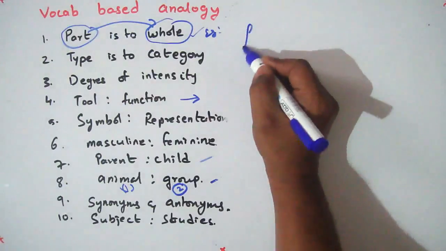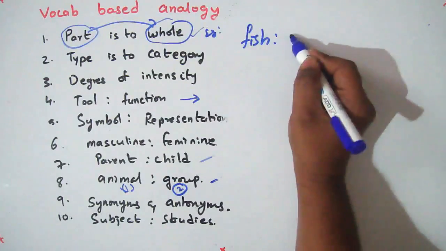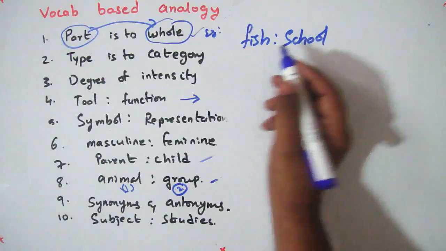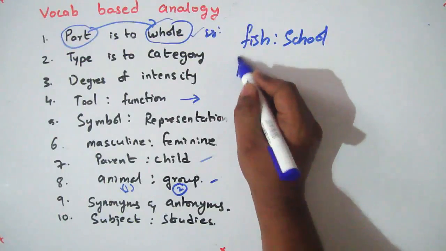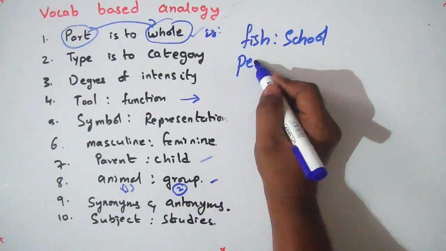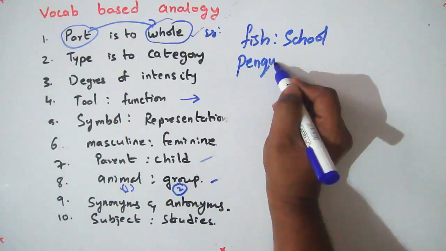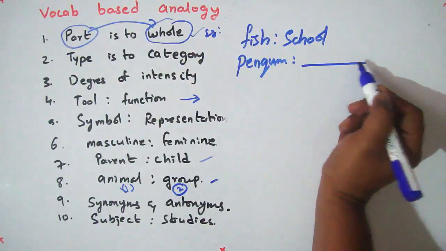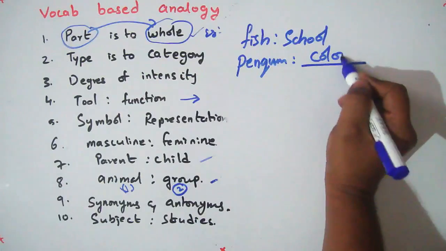See, if you have fish, the group of fishes is called a school. How unique is this? See, friends, if you have penguins, a group of penguins is called a colony.